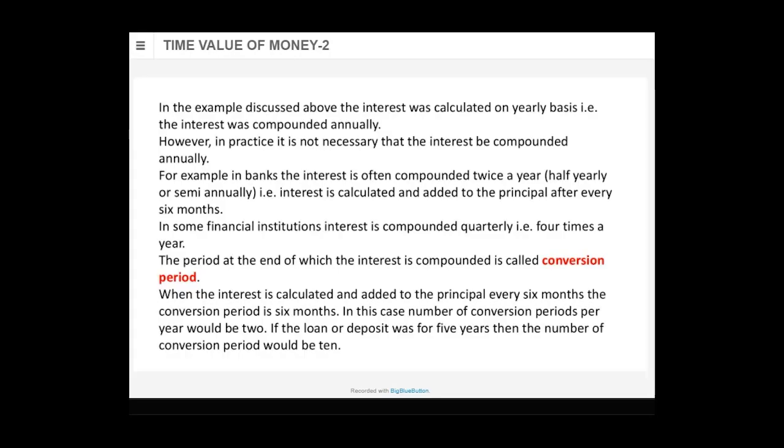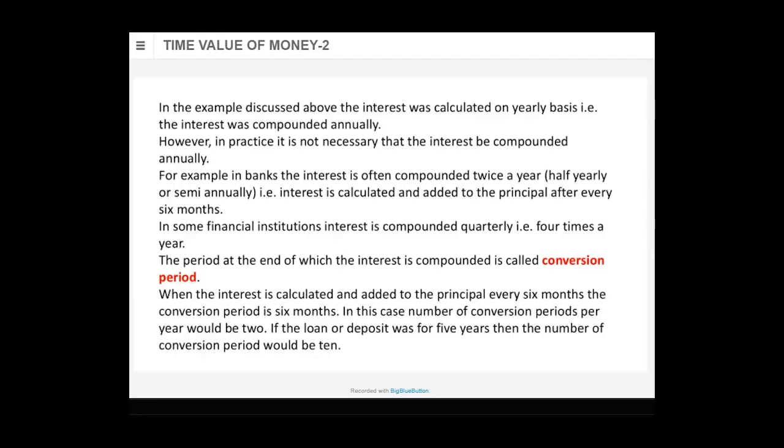In the example discussed above, interest was calculated on a yearly basis, compounded annually. However, in practice, it is not necessary that interest will be computed annually. With banks, for example, any bank you take, they calculate interest twice in a year, half yearly.